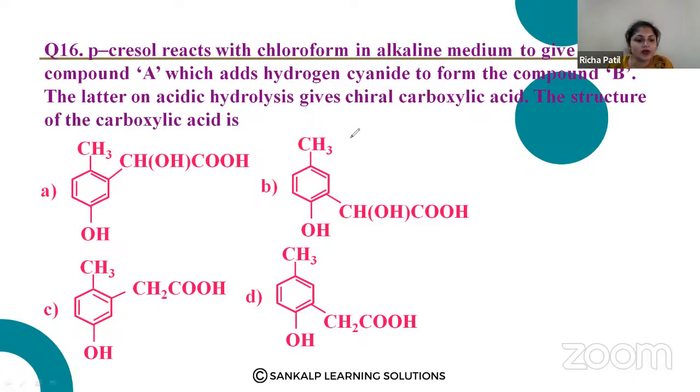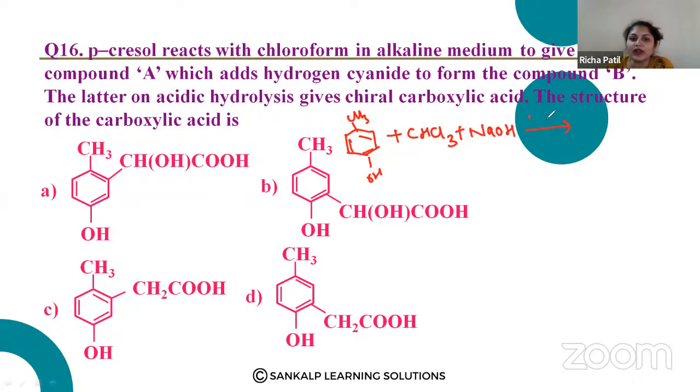So paracresol. They have taken the starting product as paracresol. So paracresol has CH3 and this is OH, right? With respect to OH, the CH3 is at the para position. It reacts with chloroform, CHCl3, in an aqueous medium, that is NaOH, or you can take KOH.